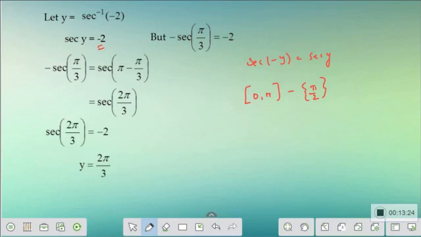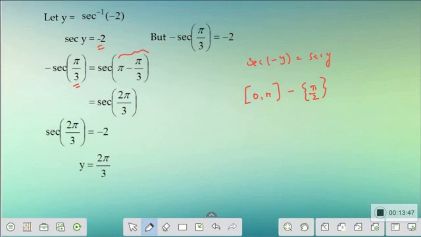So we need to see whether we have this value here, for which I need to rewrite this angle pi by 3. So pi by 3 can be written in the second quadrant in the form of pi minus pi by 3. So if I write pi minus pi by 3, it means that the trigonometric function will be lying in the second quadrant, and hence it takes the negative value also.